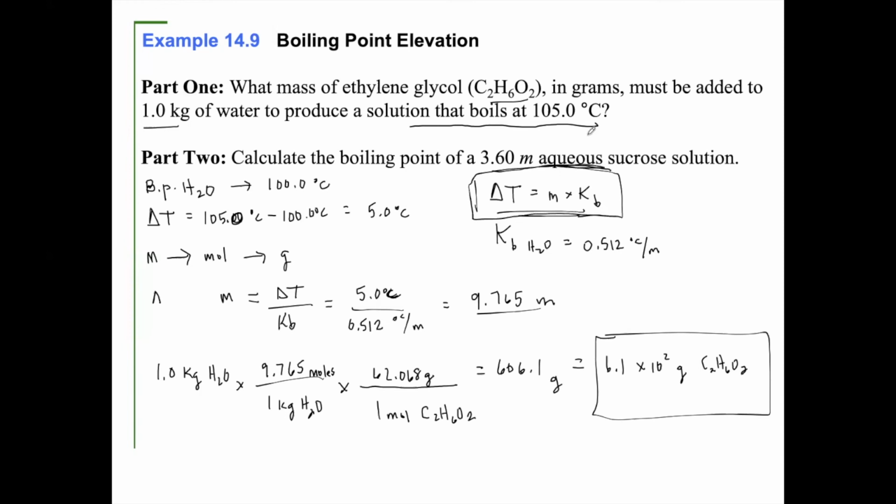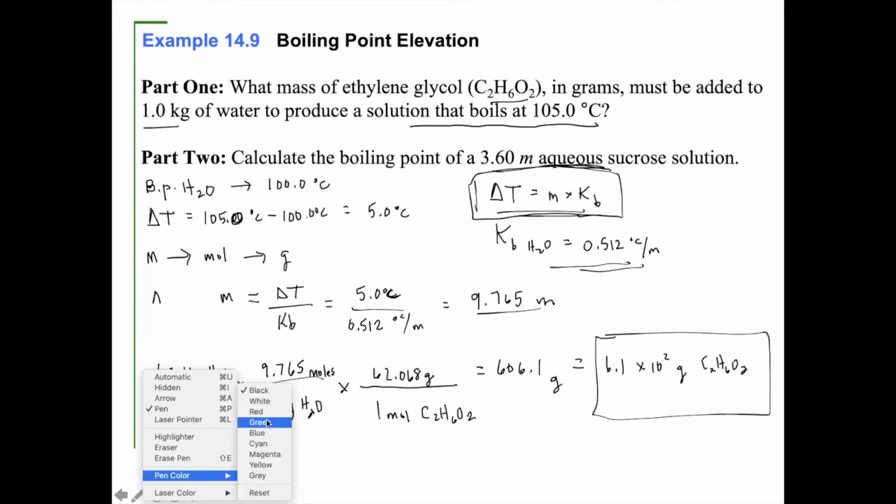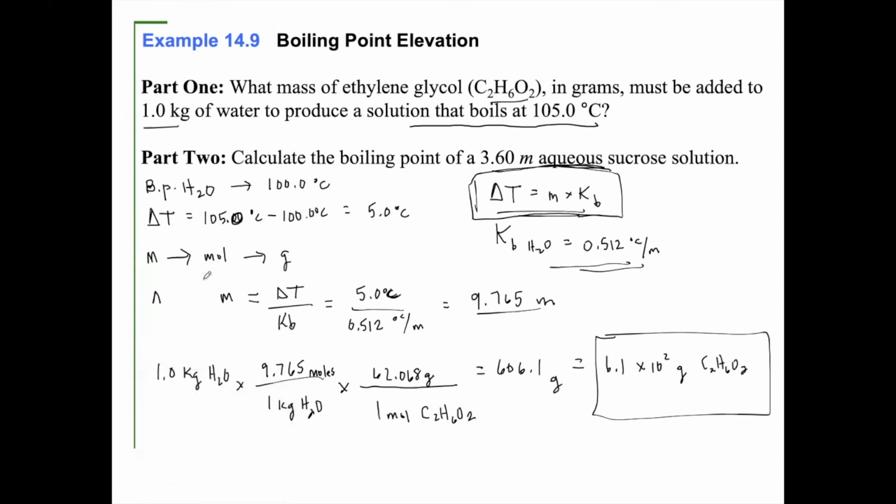So our solvent is water, meaning that we can use this value again. I'm just going to write it in a different color pen. So to find delta T, we're going to be multiplying the molality by the constant.